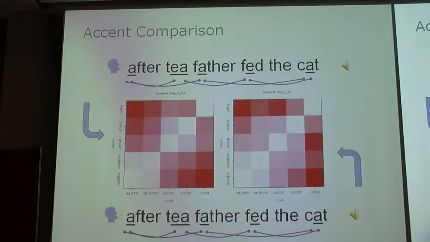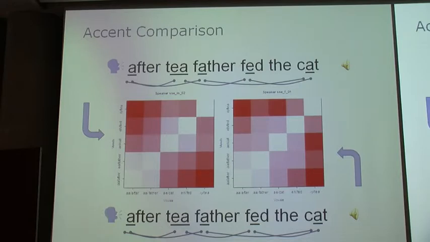And when we get that plot, what you see is that it's remarkably similar. In other words, the distances between the vowels for the first speaker are very similar to the distances between the vowels in the second speaker. We can simply compute a correlation between these two graphs. If it's a high correlation, we say these accents are very similar. If it's a poor correlation, we say these accents are dissimilar.